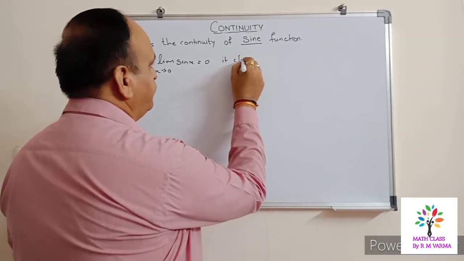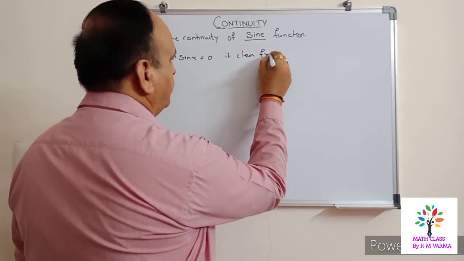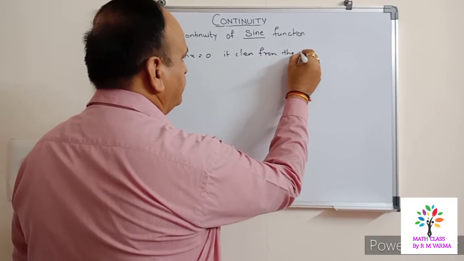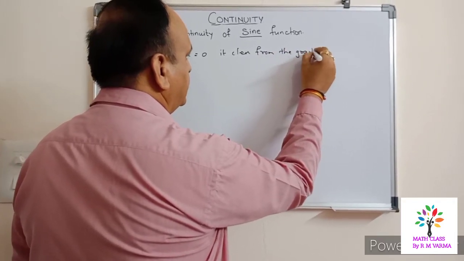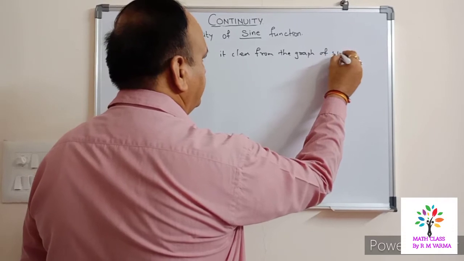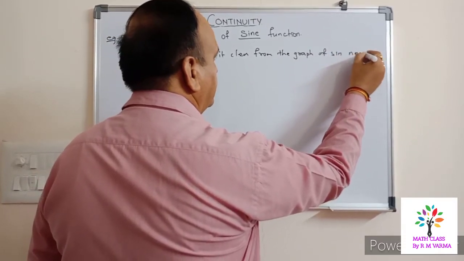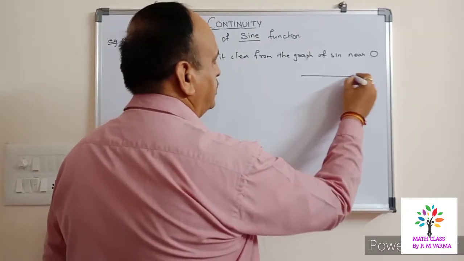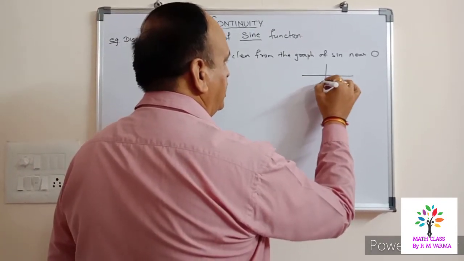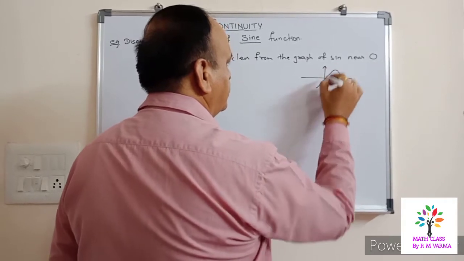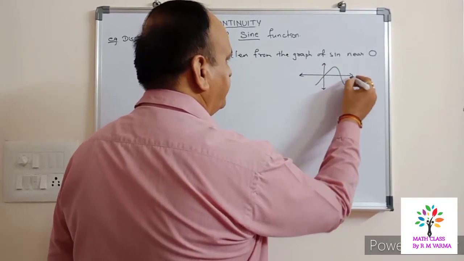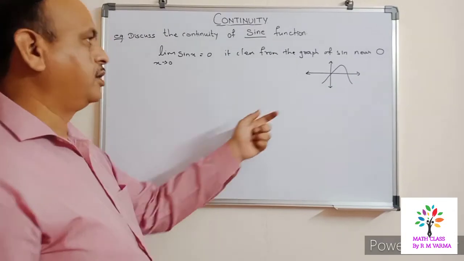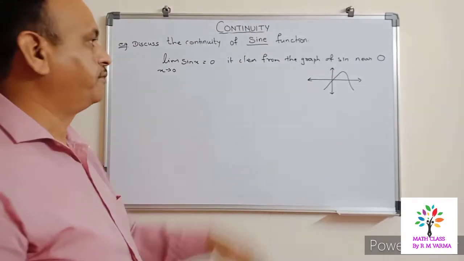It is clear from the graph of sine near 0. If we draw the graph of the sine function, it is continuous like this. So we can say that sine is continuous, as we know from the graph.